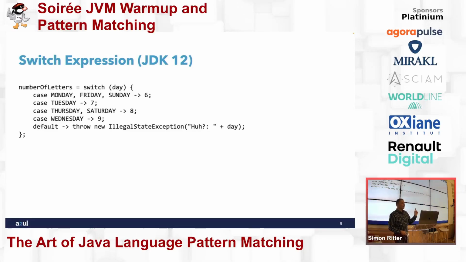This is really good because it says that now we can solve one of those problems by having one assignment of number of letters to be the result of the switch expression. And then the compiler can test and make sure that for every set of cases, we have either a return value explicitly or we throw an exception. And that way we can catch things at compile time rather than runtime.